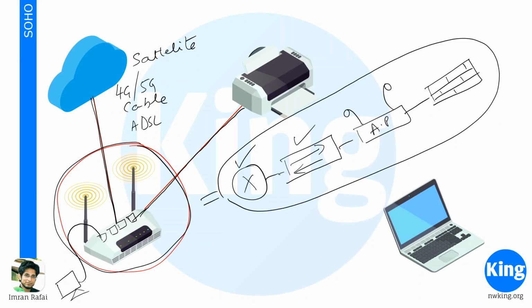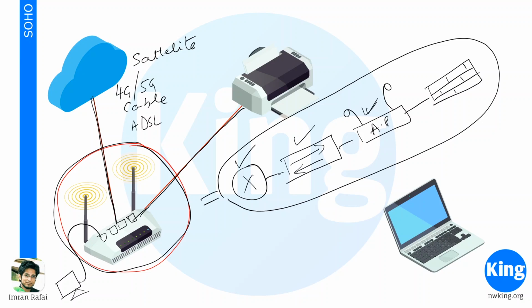You would have to do a little work for the access point. The difference between the access point that we discussed in the last video with a wireless controller is that when you have a wireless controller, the access point is called a lightweight access point. That means it doesn't have any configuration options. The configuration comes from the wireless controller.